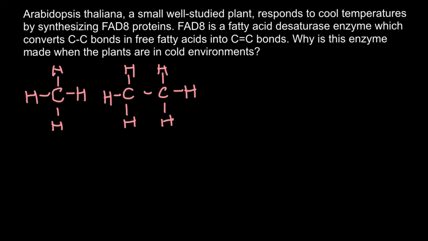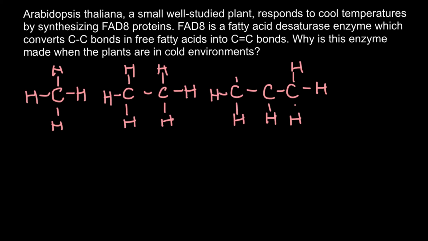And let's continue. For example, we have 3 carbon atoms. Once again, each one would be surrounded by hydrogen atoms, and this is also going to be a gas. We call this propane.